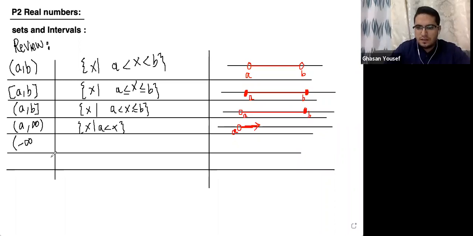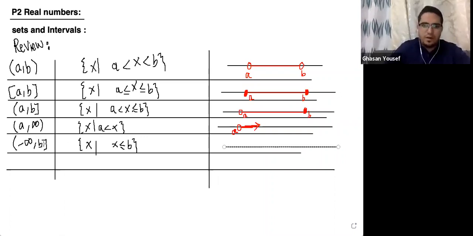So from minus infinity to B, at B it is closed, which means the values of x are less than or equal to B. Here I have a line, the same thing.